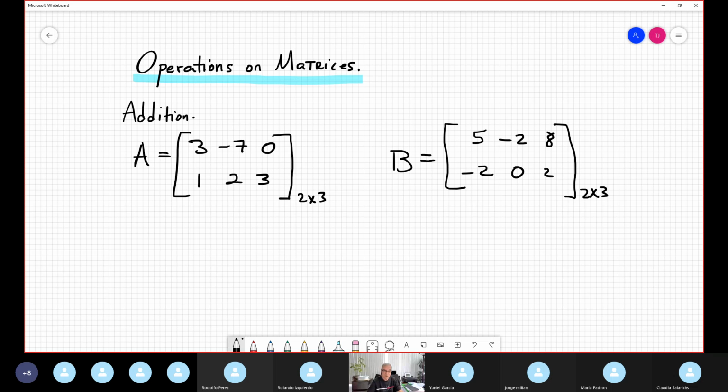Therefore, when it's the same dimension, it's the only possibility for adding or subtracting, A plus B. And this is super easy because you add entry by entry. So you add 3 plus 5. You take the element in the first row and first column, and you add the analogous element in the first row and first column.